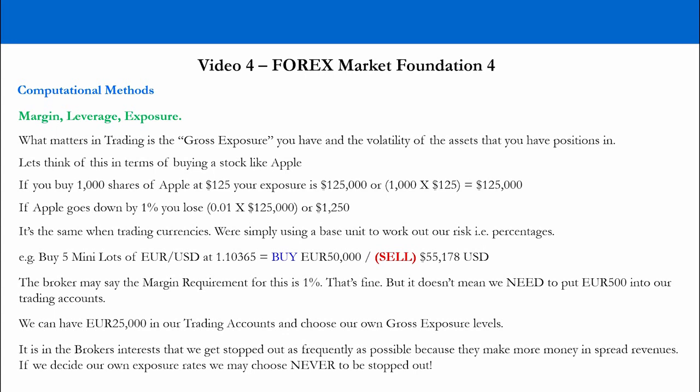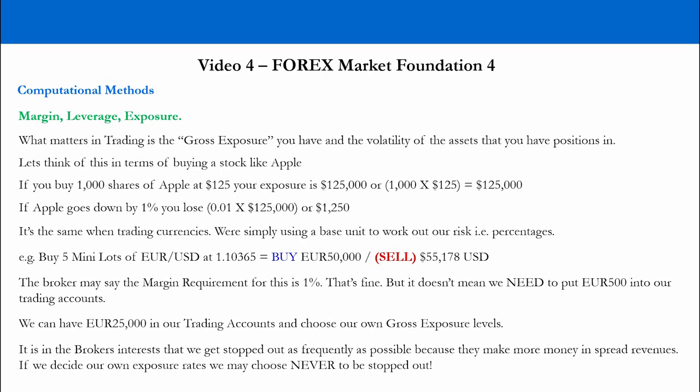It's a lot easier to understand with stocks. If you buy 1,000 shares of Apple at $125, your exposure is 1,000 shares times $125, so $125,000. If Apple goes down, so goes against you by 1%, you lose 0.01 times $125,000, so $1,250.